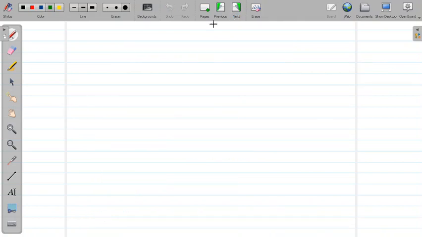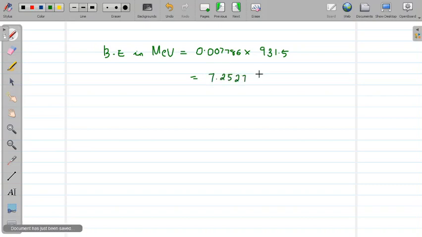Now let us calculate the binding energy in mega electron volt. In order to calculate binding energy in mega electron volts, you just need to multiply the mass defect in terms of U, which is 0.0077786 in this case, multiplied by 931.5, which will give you the value 7.2527 mega electron volt.